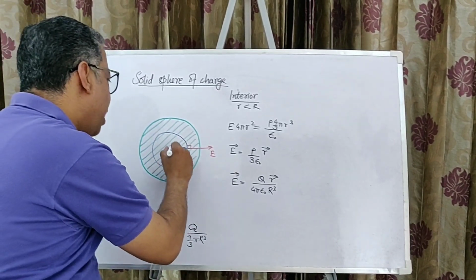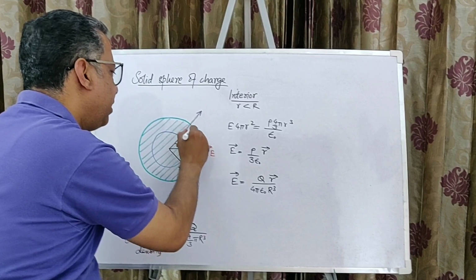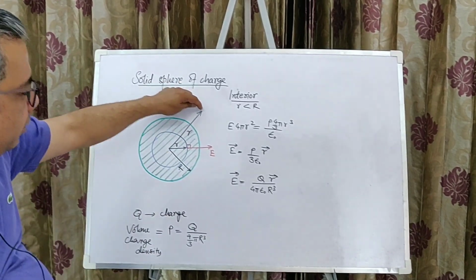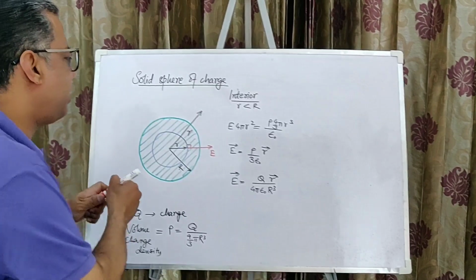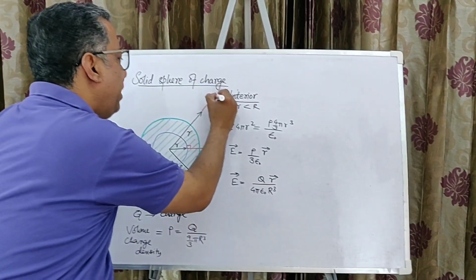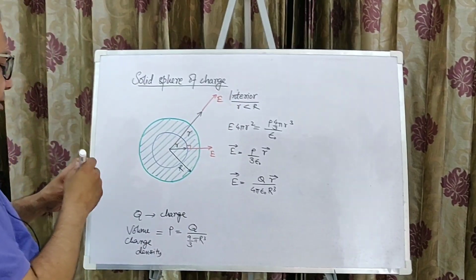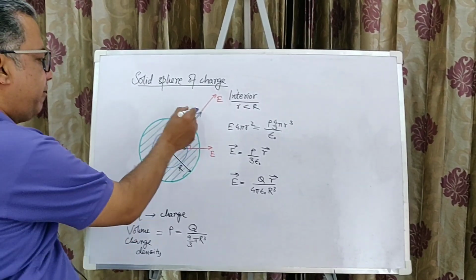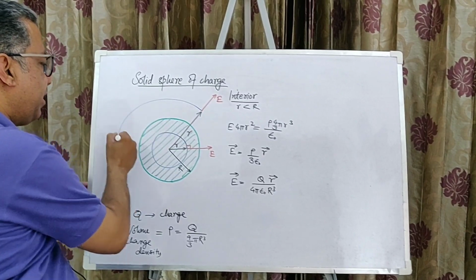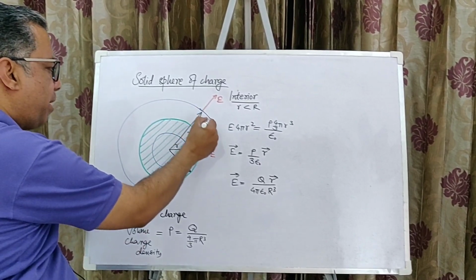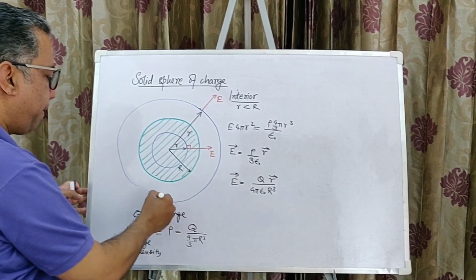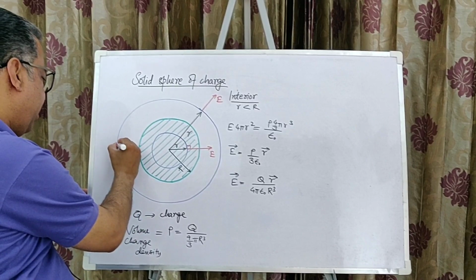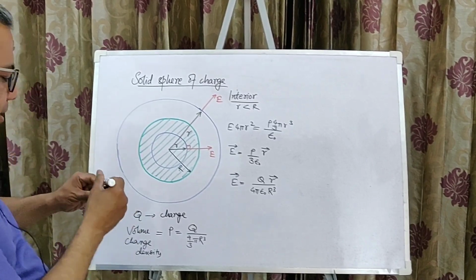Now the moment we move outside, things change. For this location, if you are interested in calculating the electric field, again it will be radial. We'll need a Gaussian surface, which will again have to be a spherical one, so that the electric field remains normally directed everywhere. So this is my spherical Gaussian surface here.